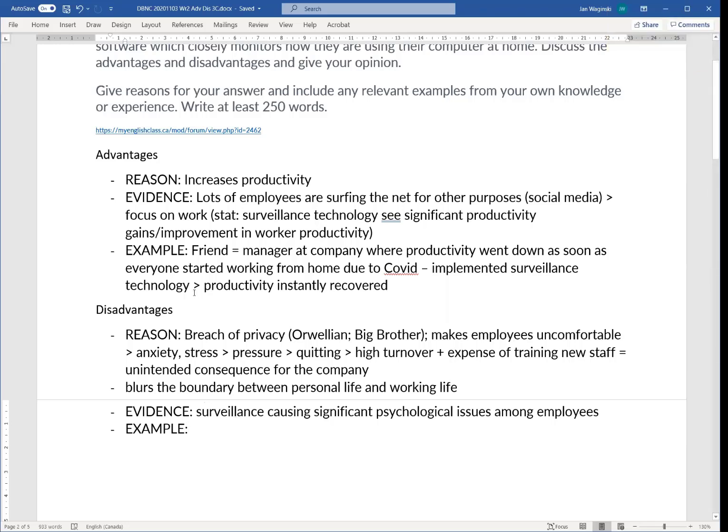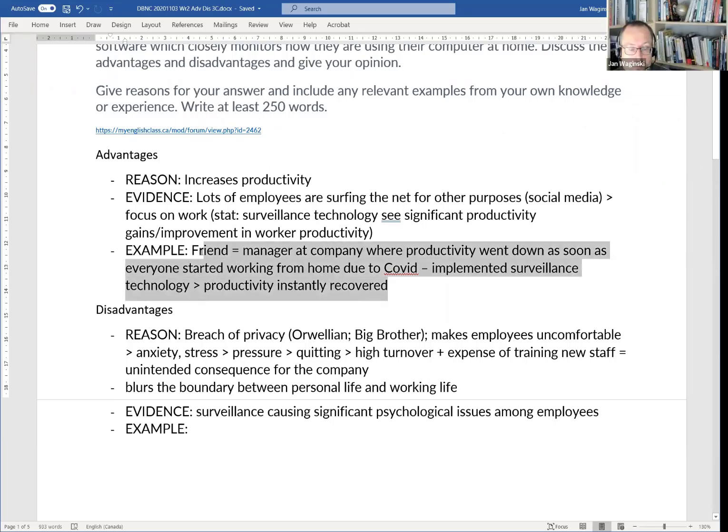My cousin quit the job because he was having constant surveillance. Okay, what about this example that we already have? Remember, in a lot of cases, you can look at your example in one paragraph and maybe use the same example, but a different aspect of it. So in your friend's company, where he's a manager, what happened to a lot of the employees?